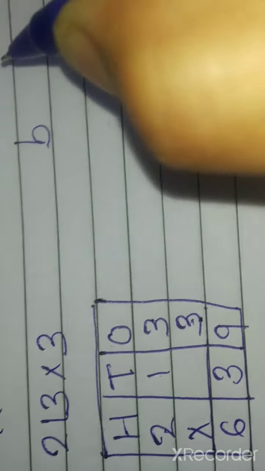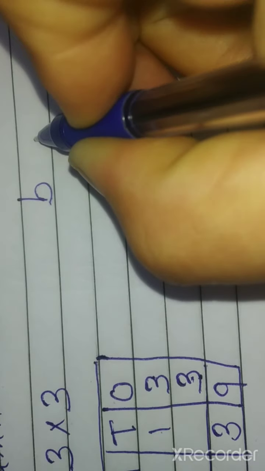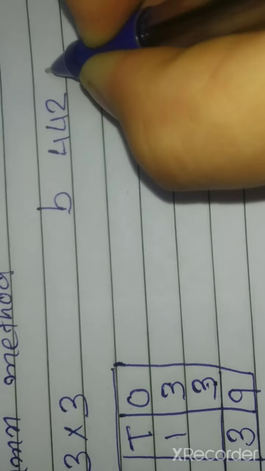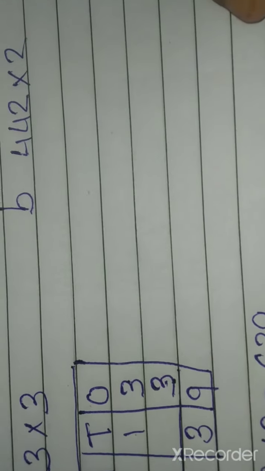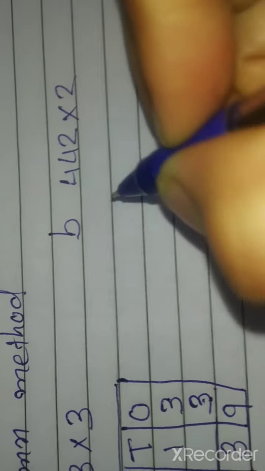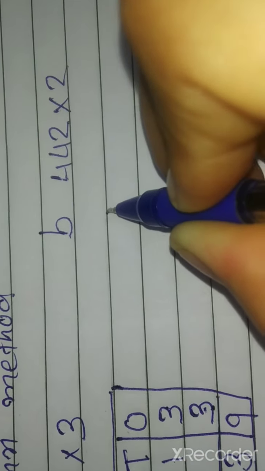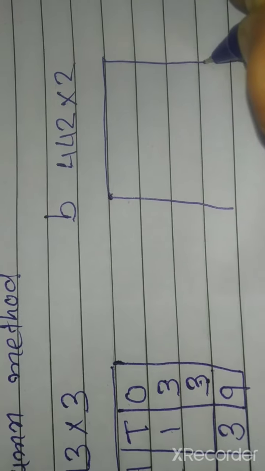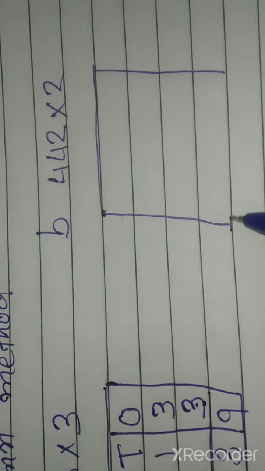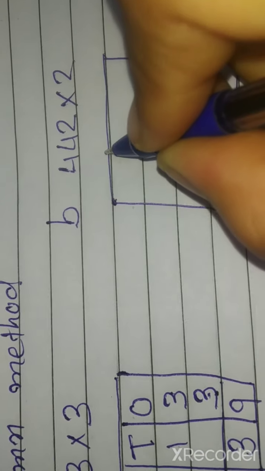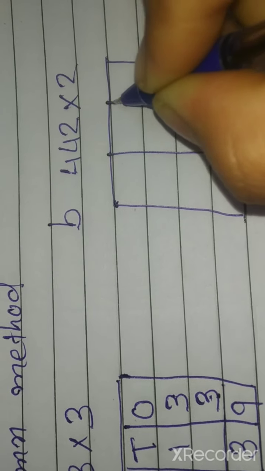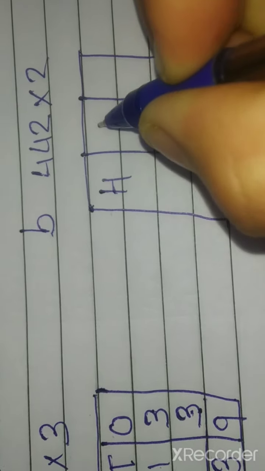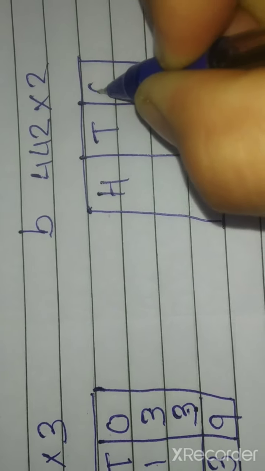Second sum. The question is 442 into 2. So here, which method do we have to use? Column method. We'll draw 3 boxes here. Okay. Now we'll start with 100s, tens and ones.